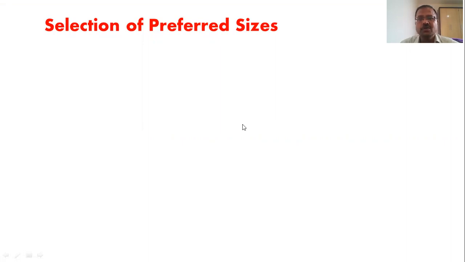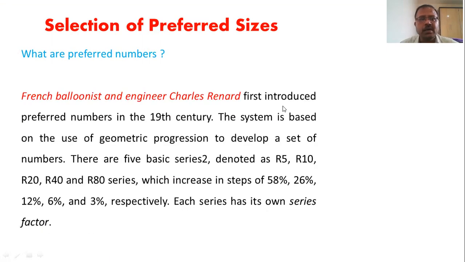So how are we going to decide the sizes of these products? These sizes of the products are defined based on the preferred numbers. These preferred numbers were given by a French balloonist and engineer named Charles Renard, who first introduced these preferred numbers in the 19th century. The system is based on the use of geometric progression to develop a set of numbers.